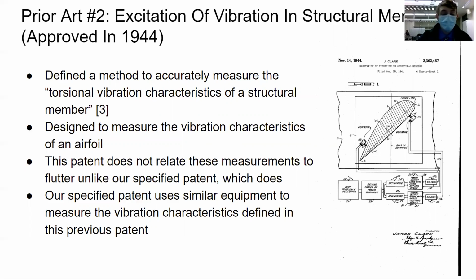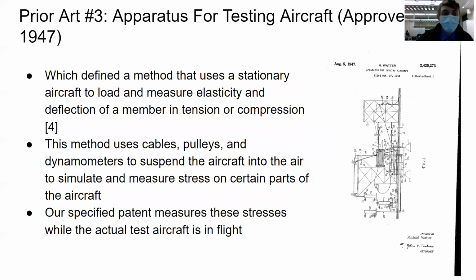Our last piece of prior art is the apparatus for testing aircraft, which was approved in 1947. It's a stationary apparatus to load and measure elasticity and deflection of a member in tension or compression, done through the use of cables, pulleys, and dynamometers. The aircraft was suspended in the air.